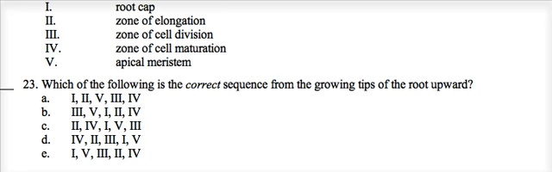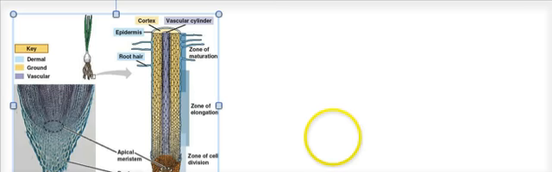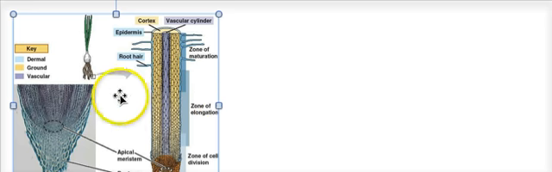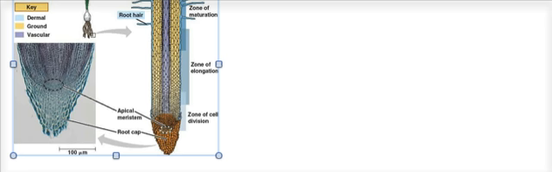So, go back here. Okay, if you look, we're obviously looking at the root here. You have the apical meristem, the zone of cell division, zone of elongation, and the zone of maturation. Okay, sorry, you couldn't see that there, but there's the root cap.